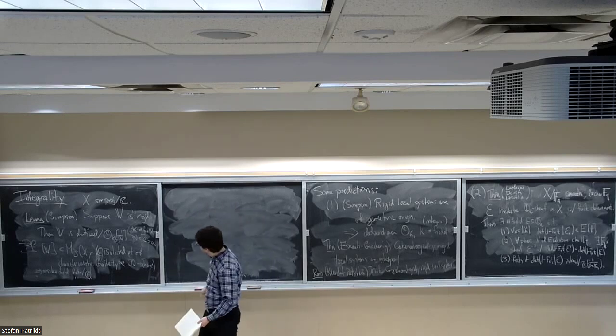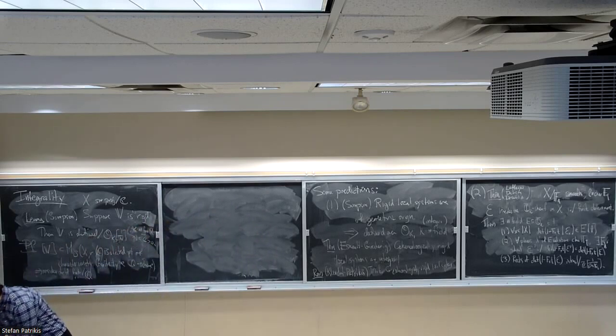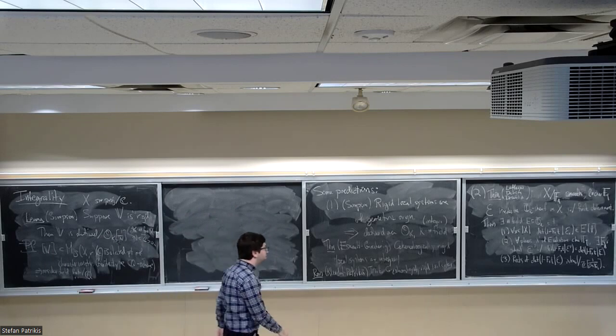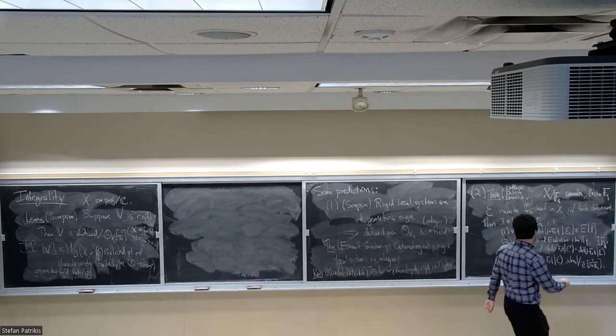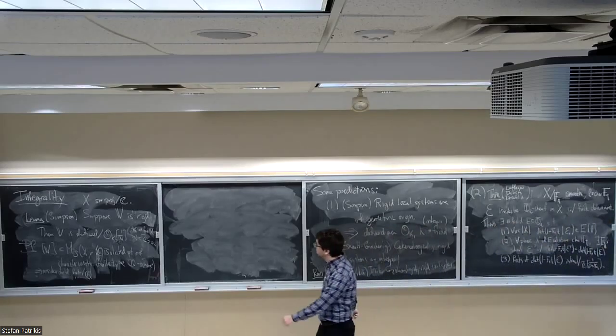Okay, so now we have to get rid of this 1/n. I think I have just enough time to say a word about how to do this. What we're going to use is the fact that we have a way of switching primes. So this is number 2 here.